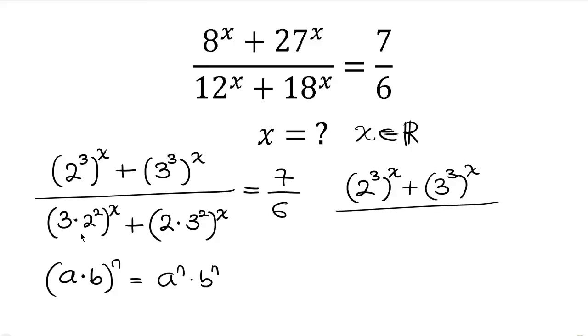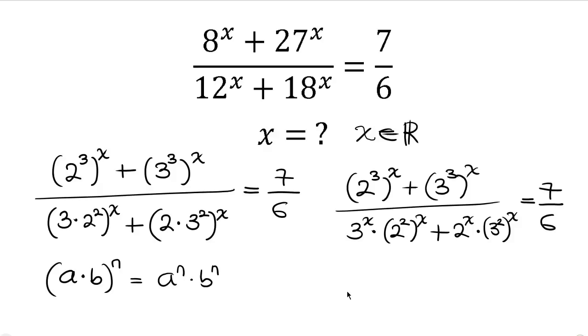Now the denominator, remember from this law, this will be 3 to the x times 2 squared to the x, very good, plus 2 to the x times 3 squared to the x. Very good. And this is equal to 7 all over 6.